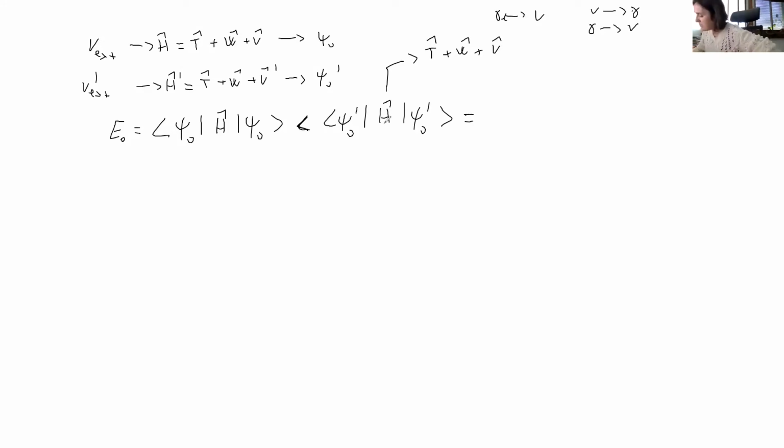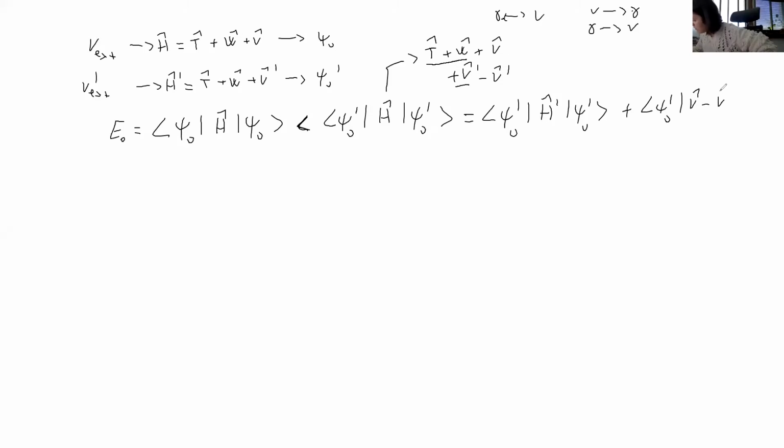All right, so I have my Hamiltonian. Now I can add and subtract V prime. I put together my kinetic energy operator, my electron-electron interaction, and my V prime, which defines my primed Hamiltonian. Then I'm left with the expectation value of V minus V prime.